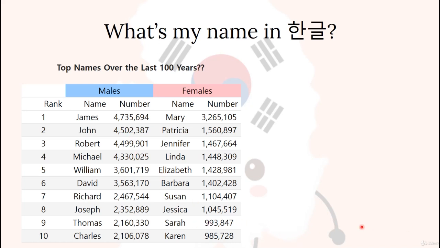The following table shows the 100 most popular given names for male, but I just picked 10, from rank 1 to rank 10, during the last 100 years. For each rank and sex, the table shows the name and the number of occurrences of that name.